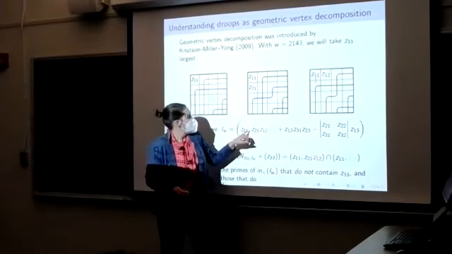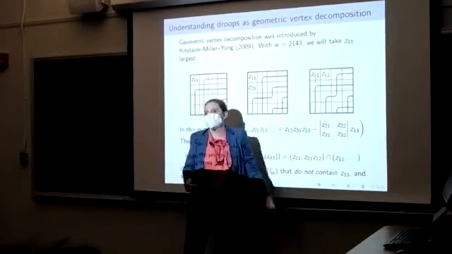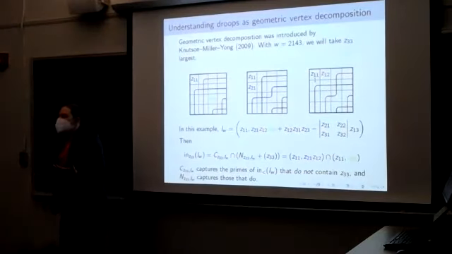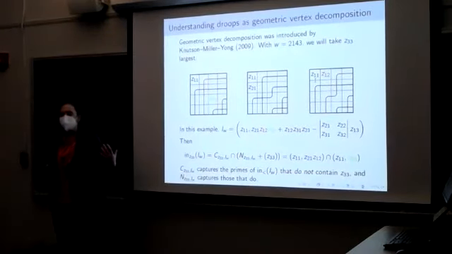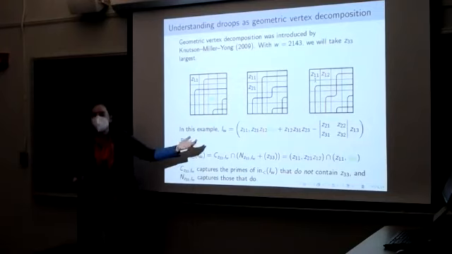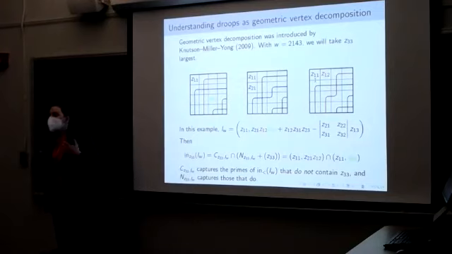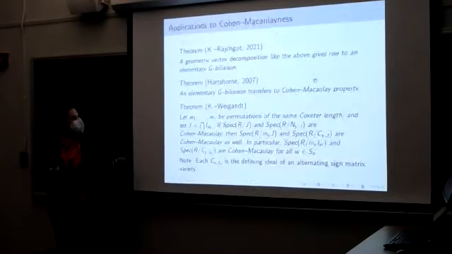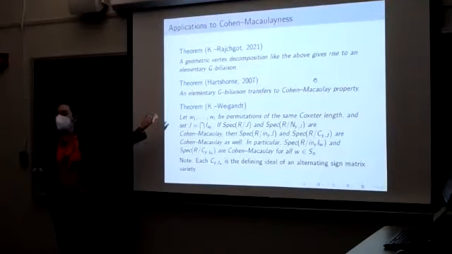You see here for z21 and here for z12. So this drooping procedure in bumpless pipe dreams is geometric vertex decomposition at these southeast variables. And geometric vertex decomposition, again, is an example of Gorenstein liaison. And so it transfers the Cohen-Macaulay property.